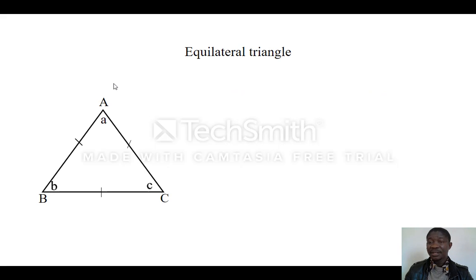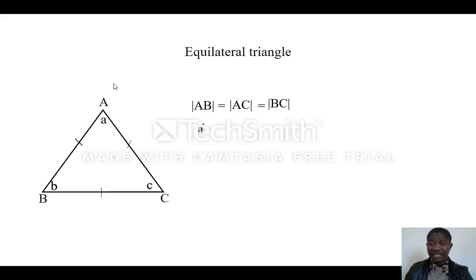Now let's look at the equilateral triangle. For a triangle ABC to be an equilateral triangle, the length AB should be equal to the length AC, which should also be equal to the length BC.